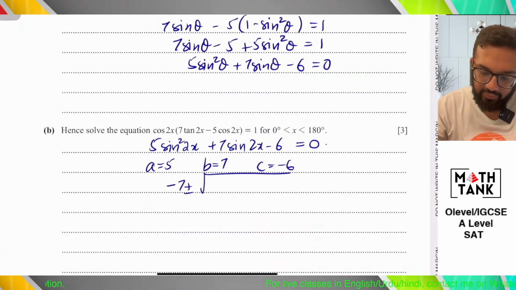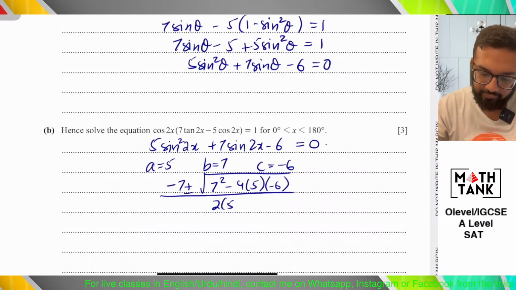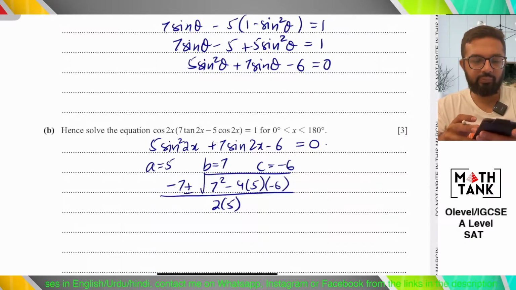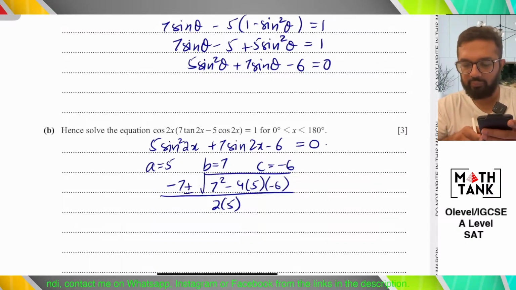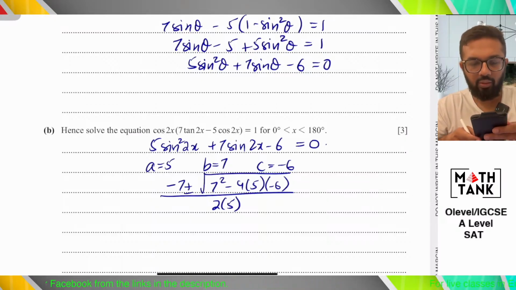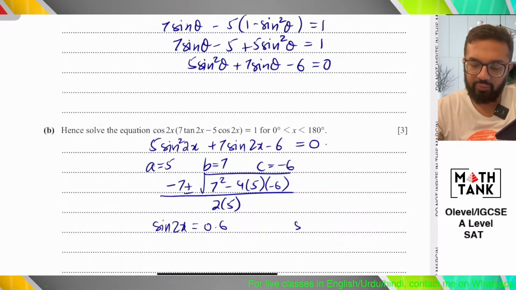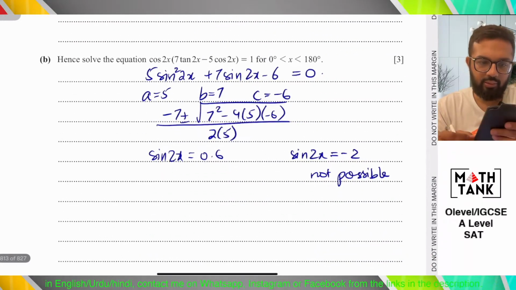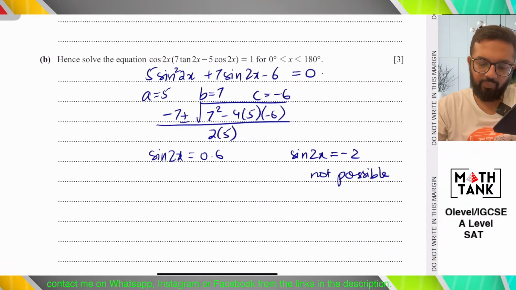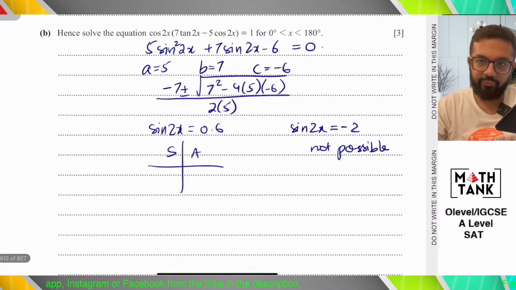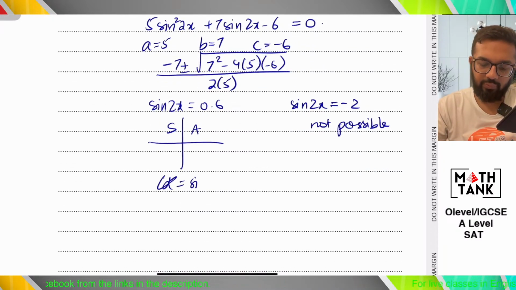Minus B plus minus root of B square minus 4AC over 5 and minus 2, sine 2x is either 0.6 or minus 2. Not possible. Alpha is sine inverse of 0.6.